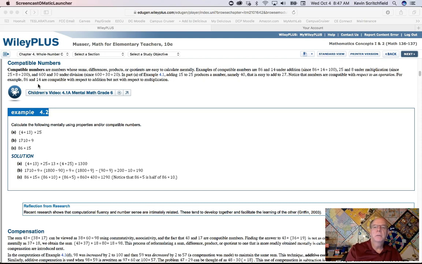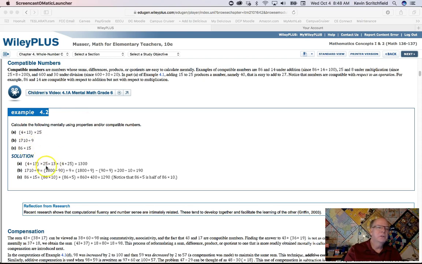Examples of compatible numbers are 86 and 14 under addition, 25 and 8 under multiplication, and 630 under division. So we were using this when we did the 168 divided by 3. We changed it to 150 divided by 3 and 18 divided by 3 because those are compatible numbers. Those work well with each other. All right, so just kind of catch that concept.